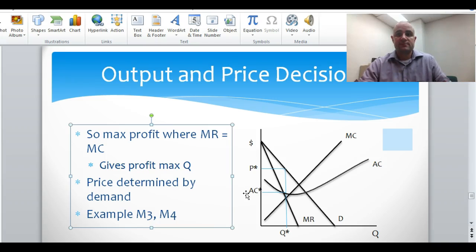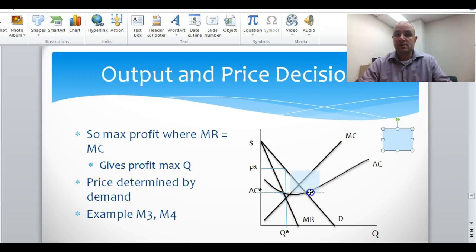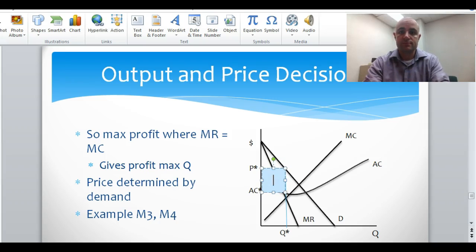So then your profit, which is your quantity times price minus average cost, is going to be this area in here. All right, so here is your profit.